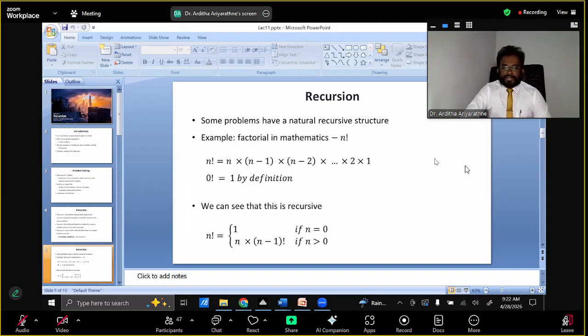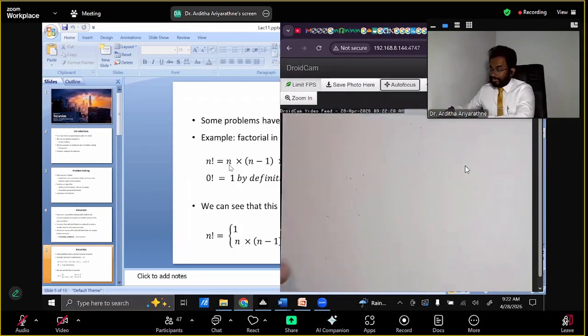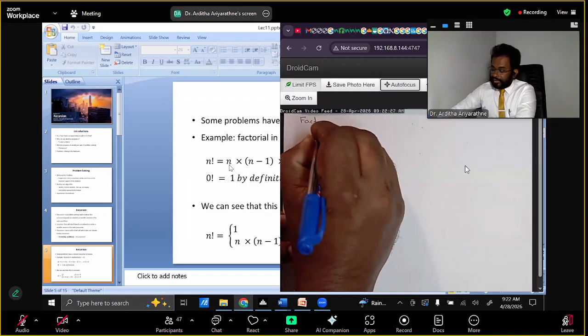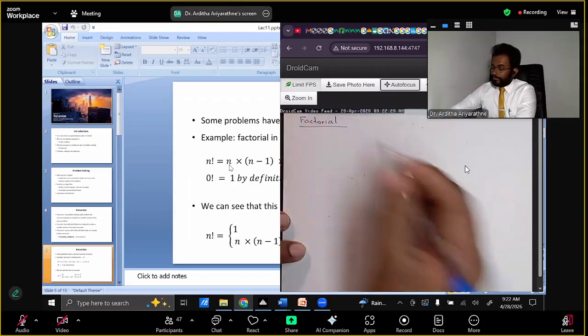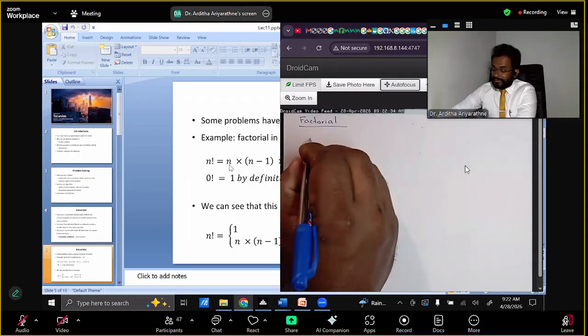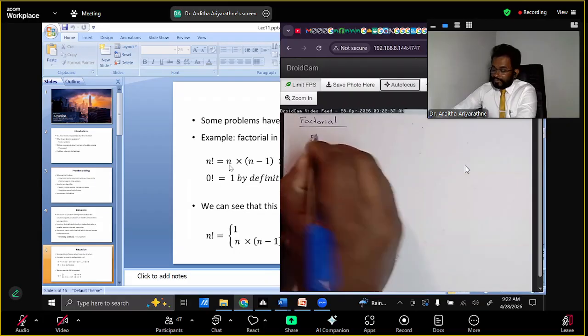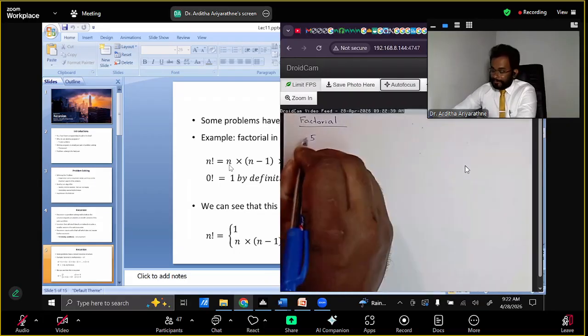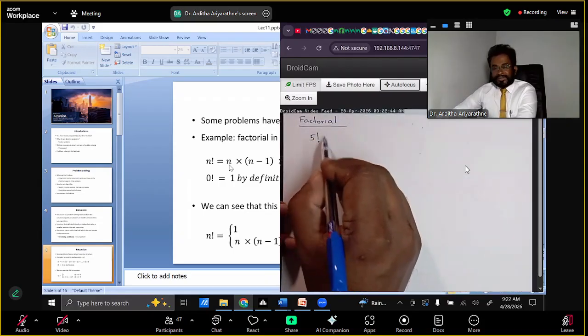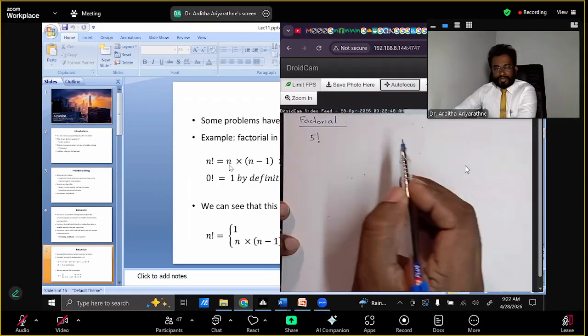So what is this factorial? Here, now I'm going to give you some example. If someone asks what is the factorial of 5, how to write factorial of 5? 5 with an exclamation mark. This is the standard symbol used for factorial in mathematics.